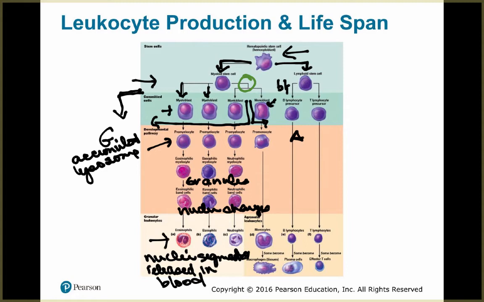But it does differentiate into its own. This guy's a little bit different. Those minor changes mean that this guy can live for several months. The rest of these white blood cells have a much shorter lifespan than red blood cells.